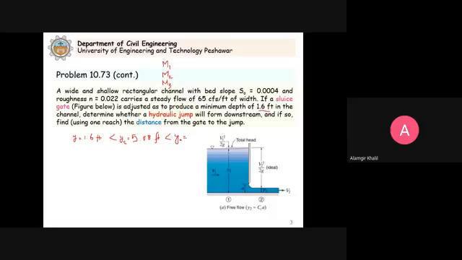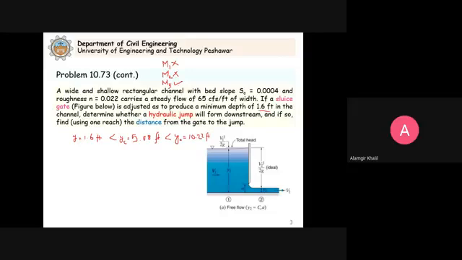Y naught is 10.22 feet. Because Y is less than both, it is a type 3 profile. It is not an M2 profile, because for that this depth should be between the two. And it cannot be an M1 profile because the depth should be above the two. So that's why we expect that an M3 profile will form, and actually it will form.